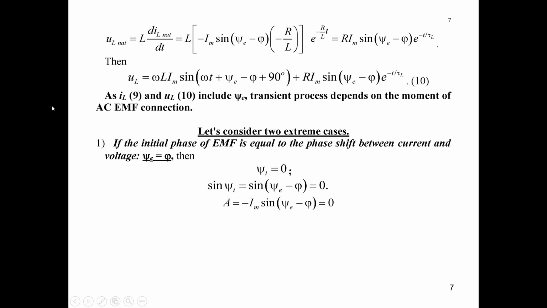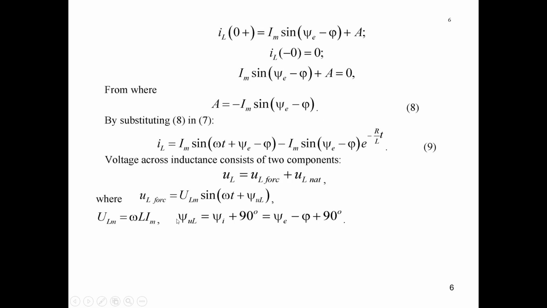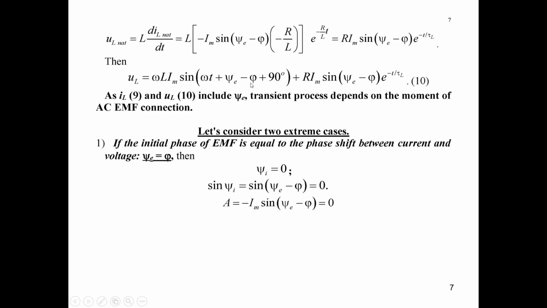So we can write down that UL equals the sum of the first component, which is determined here, substituting this expression for UL maximum and psi UL, plus this natural component which we got by differentiation of the natural component of current through inductance. So we've got this expression.